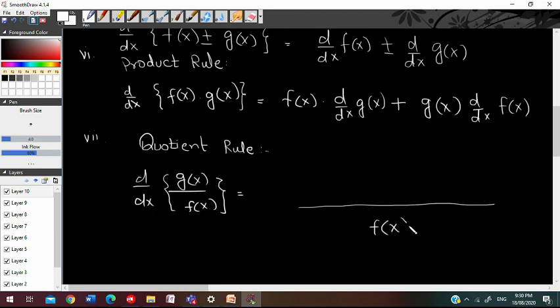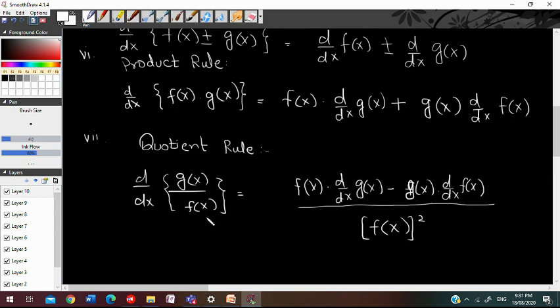You will take the power 2 of the denominator's function. Then this denominator function will remain same over here, and derivation of numerator g of x, then minus sign, and now g of x is same, remains same, and d by dx of f of x.